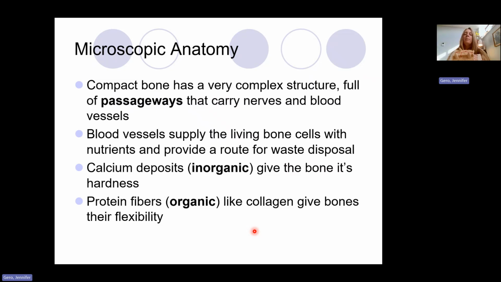All right. Bone is going to be arranged, typically compact bone, in a series of osteons. All right. And it's a combination of living cells or osteocytes that are going to be surrounded by inorganic calcium deposits that are going to give bone its hardness. Okay. And then there are different types of protein fibers like collagen that are going to help give bone their strength and rigidity.